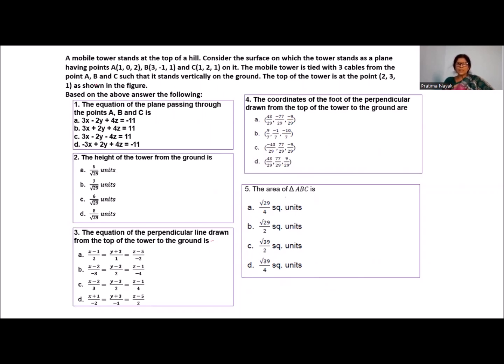Let us read the question again. A mobile tower stands at the top of the hill. Consider the surface on which the tower stands as a plane having the points A, B, C. The mobile tower is tied with 3 cables from points A, B, C such that it stands vertically on the ground. The top of the tower is at the point P(2, 3, 1) as shown in the figure.